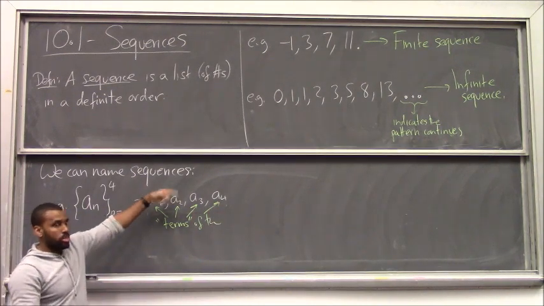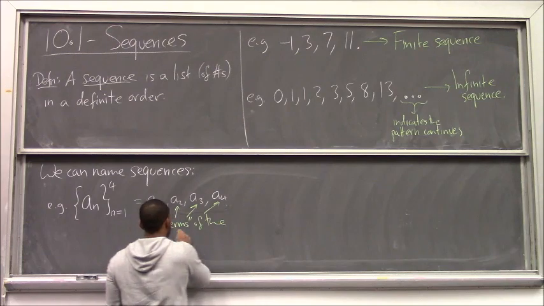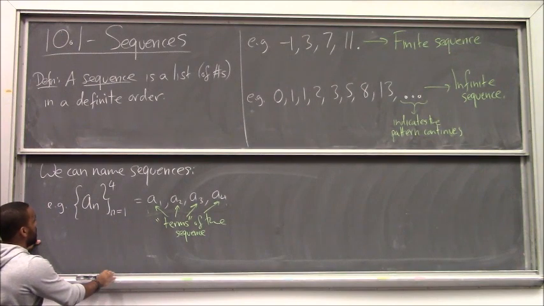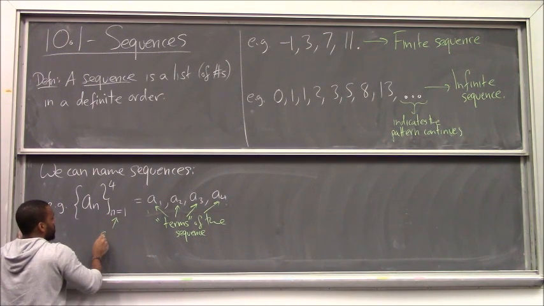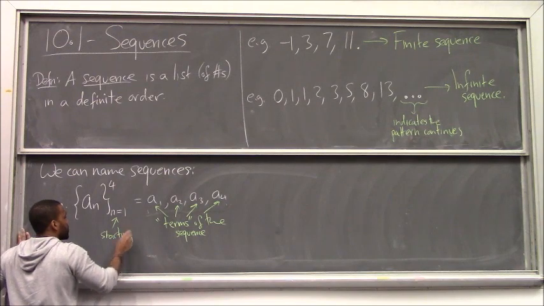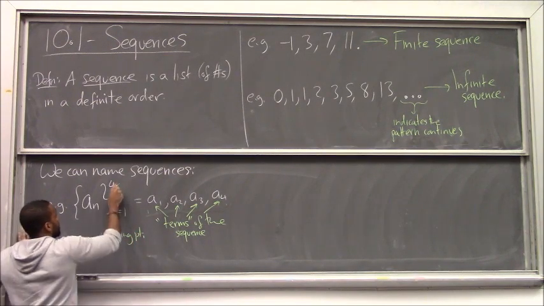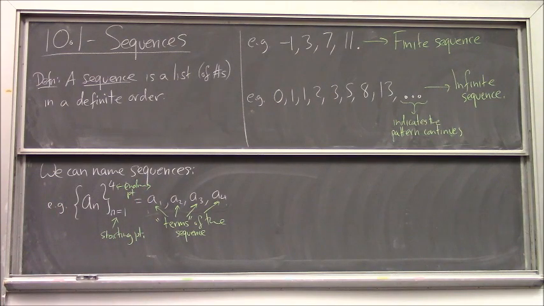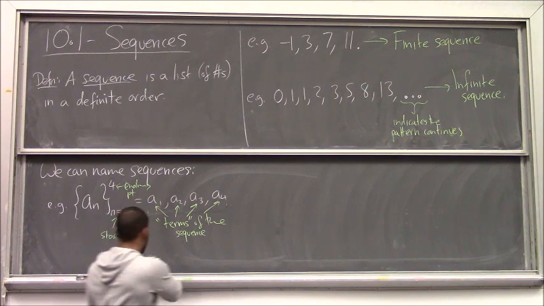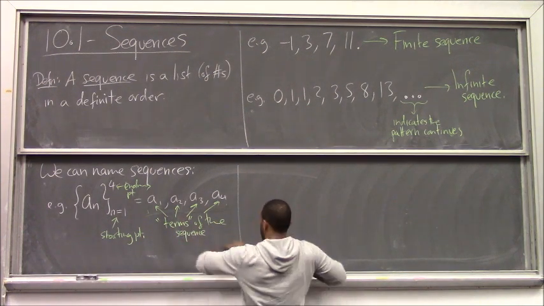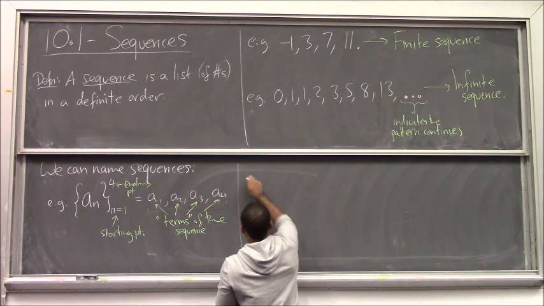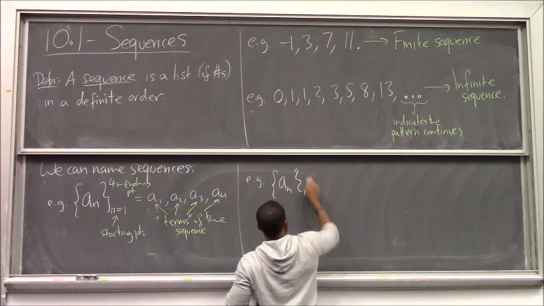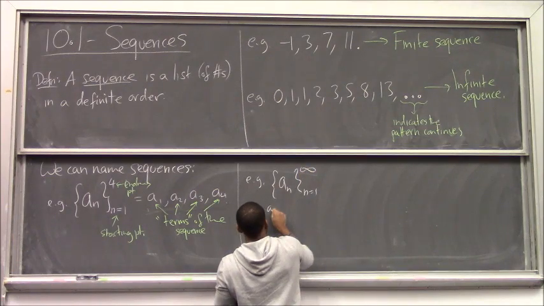That's the first term, the second term, the third term, etc. And so this is the starting point. And this is the ending point. Now I can represent an infinite sequence in this case by just actually writing an infinity in the upper bound. For example, I could write n goes from 1 to infinity, and this is an infinite sequence.